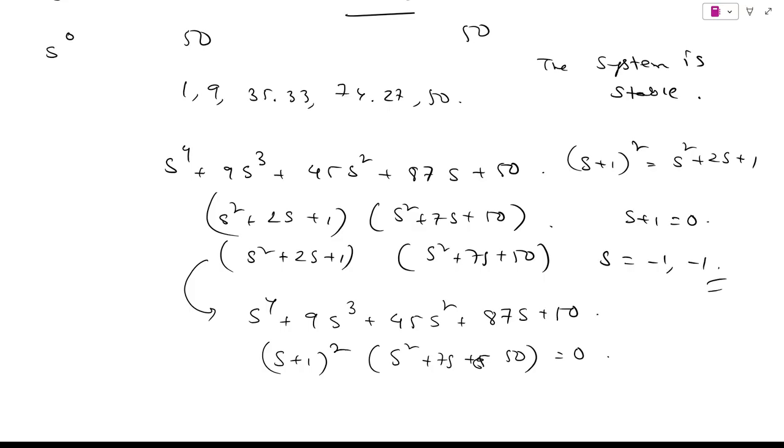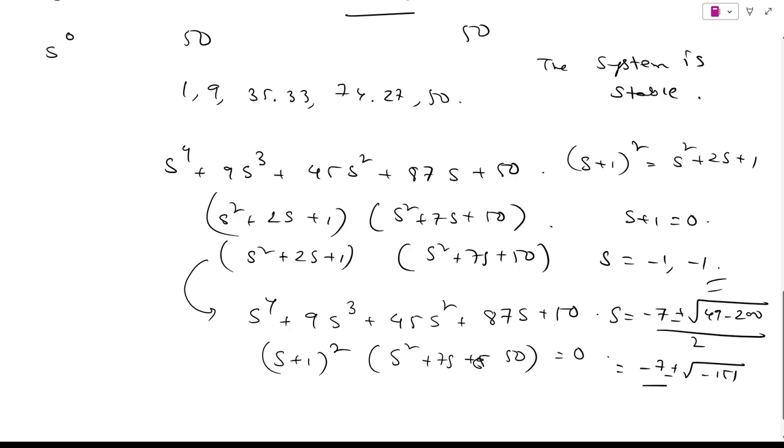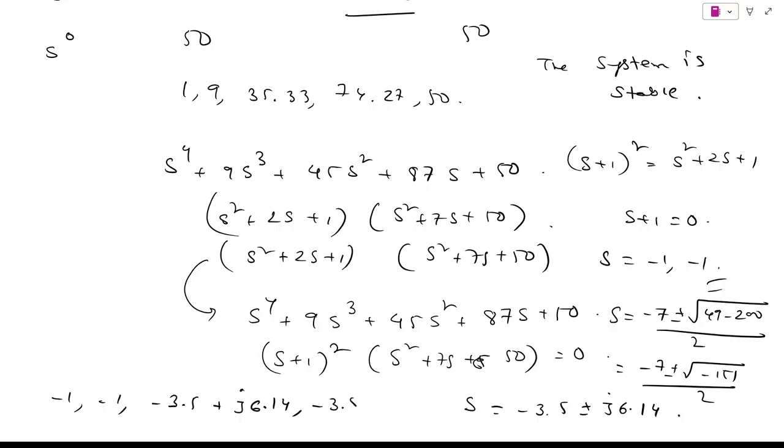And the second factor, so this is, so this will be equal to, and the four roots are, okay. So hence the system is stable.